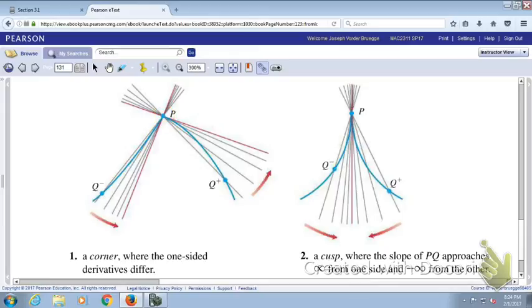Is the derivative defined at that corner? Well, in order to check, we have to see that the slopes from the left and the slopes from the right exist and are the same. Do we get a slope from the left as we approach from the left? Yeah, they show these gray lines as we approach and we reach the tangent line from the left. So here we have the tangent line from the left. It's got a positive slope in this case, right? What if we approach from the right? So again, we have all these secant lines as we approach the tangent line.